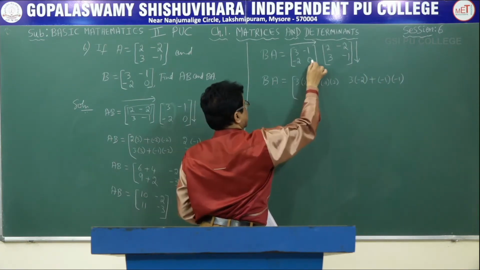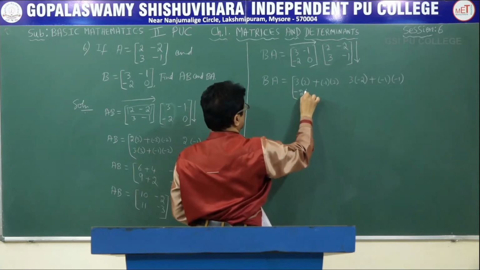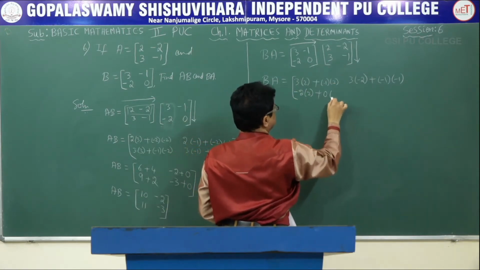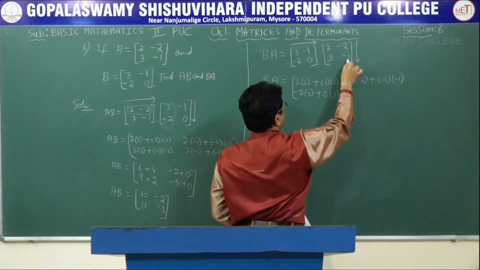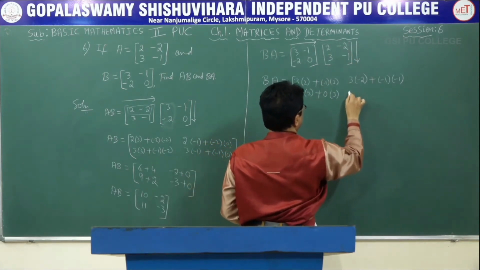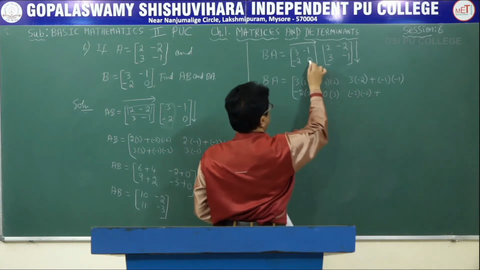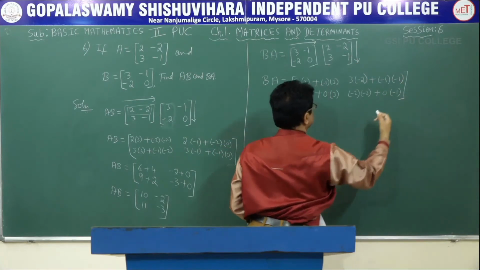Next row, second row into first column, minus 2 into 2 plus 0 into 3. Second row into second column, minus 2 into minus 2 plus 0 into minus 1.